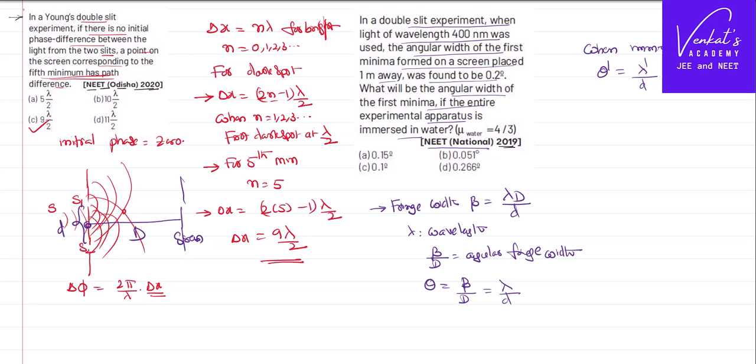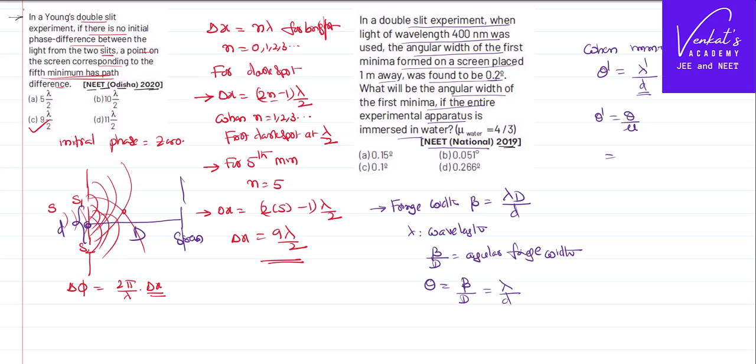Even when you immerse in water, distance between the slits won't change, but lambda wavelength reduces, waves come close to each other in a denser medium. It becomes lambda by mu. That implies, and of course d, theta dash equal to theta by mu, irrespective of any other data.